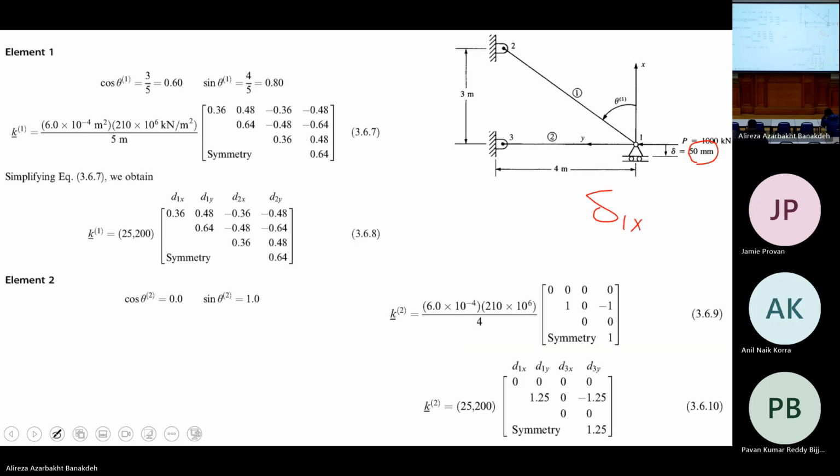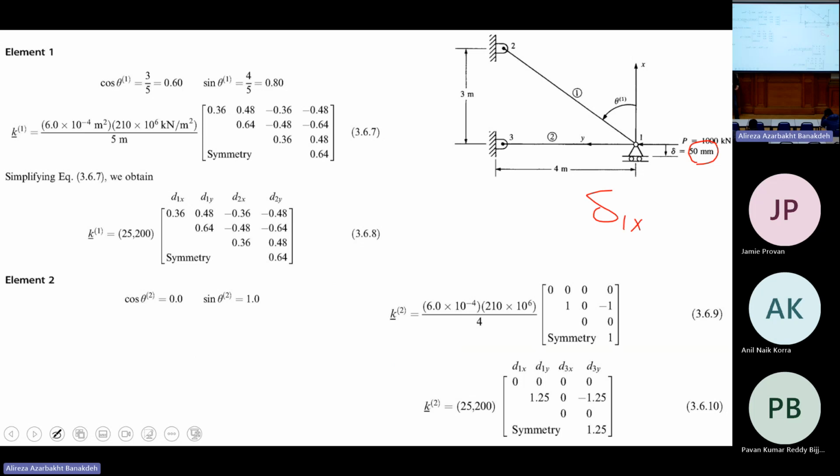Not always, but in most cases, these things make physical sense. For example, in this case, 1,000 kilonewton is pushing point number 1 to the left-hand side. So if somebody grabs it and brings it down, it's easier to push it. That's why 1,000 is added to 600.